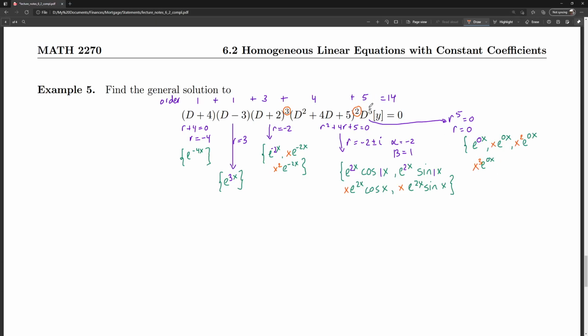And when do we know when to stop? Well, this is multiplicity 5. So we need 5 basic functions here, and we have 1, 2, 3, 4. So we need one more.